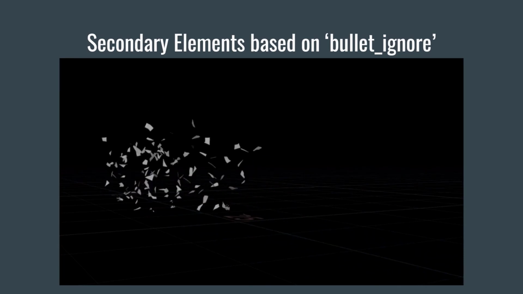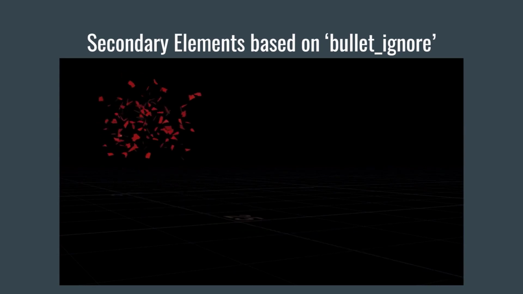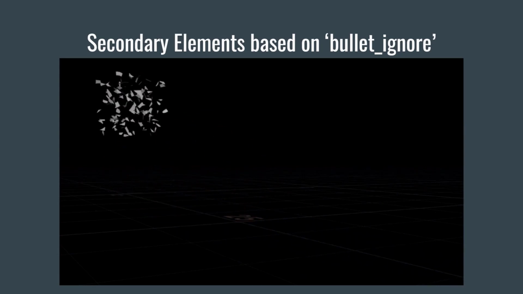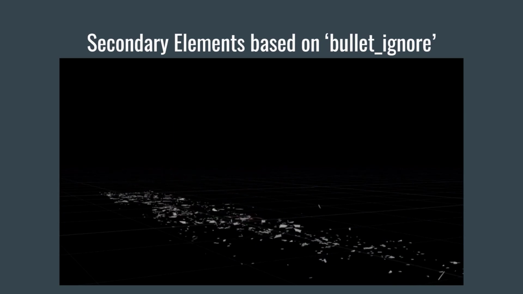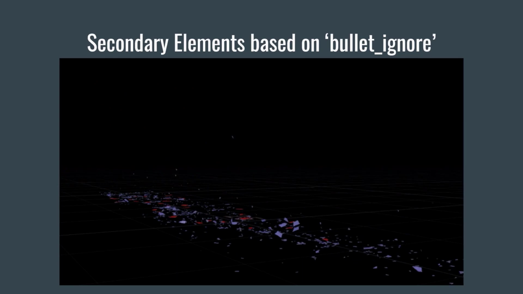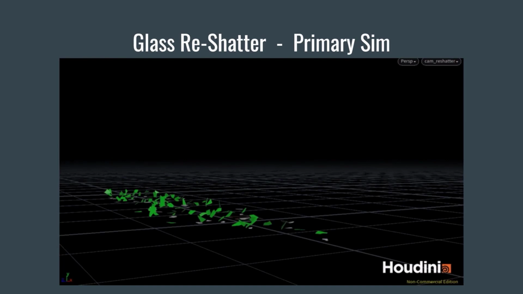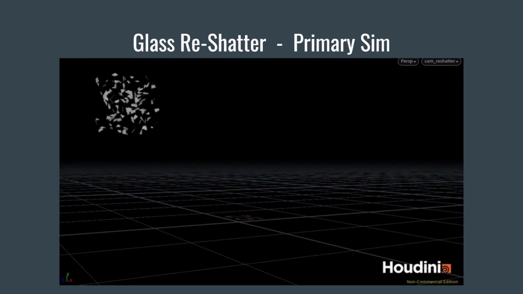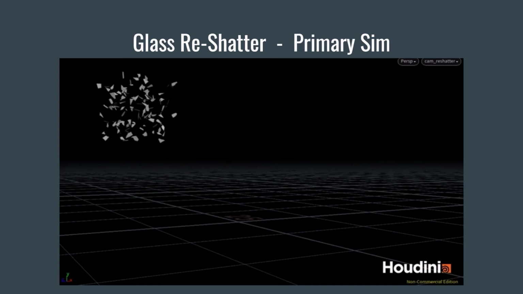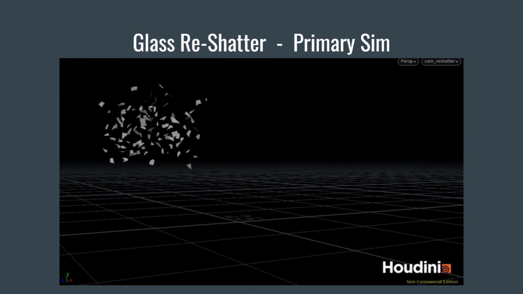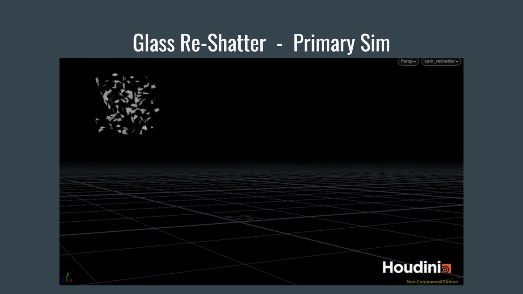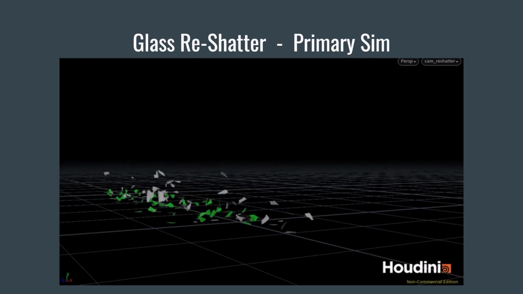So we can break this up into two separate simulations, which will be much more efficient and easier to set up. So in the first simulation, I'm simulating the glass shards as normal RBDs, and when I detect impact with the ground, I'll set them to bullet ignore.